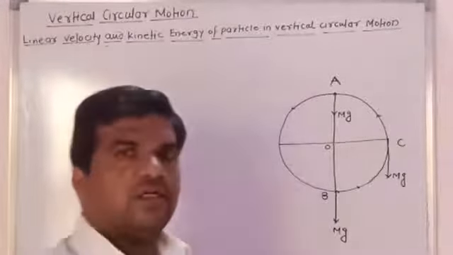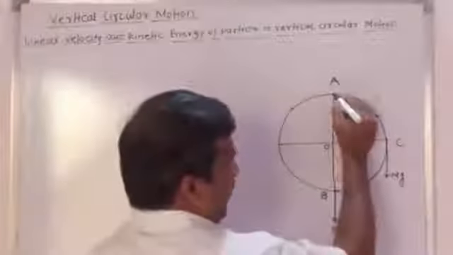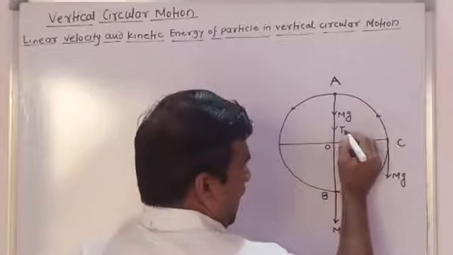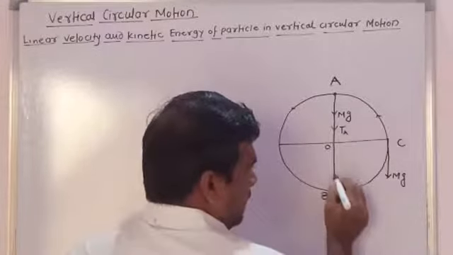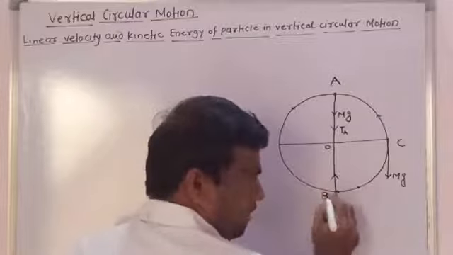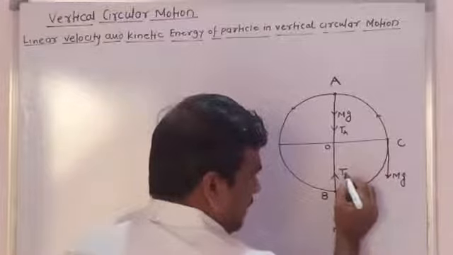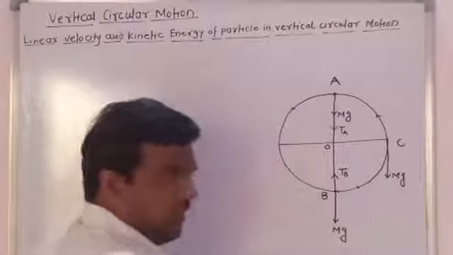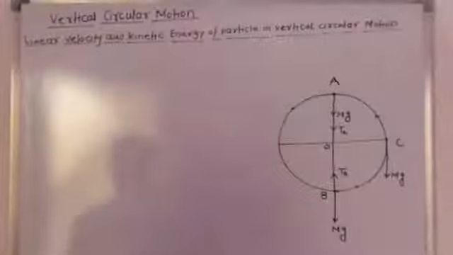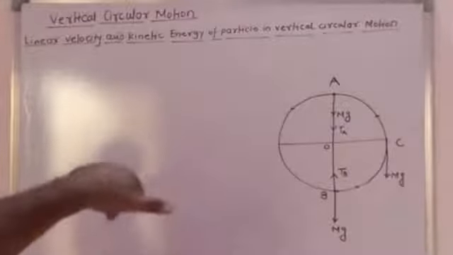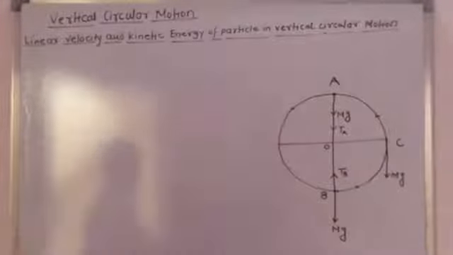Still we consider tension, and suppose at point A the tension on the string is TA. At point B we consider the tension TB, and at point C the tension TC. In the different positions A, B, C, the tension acting on the particle is different.